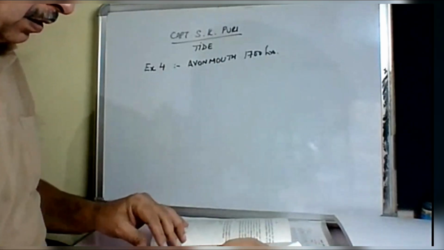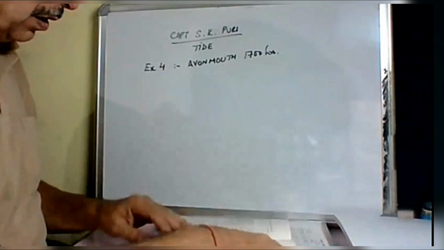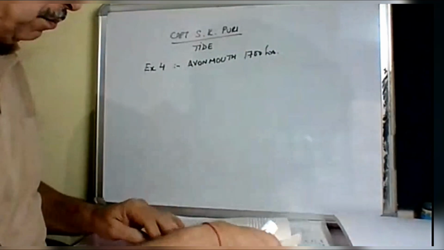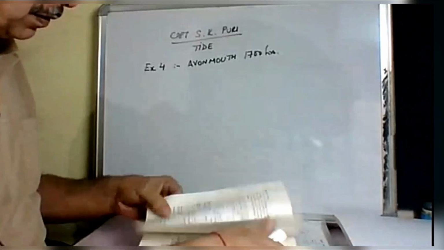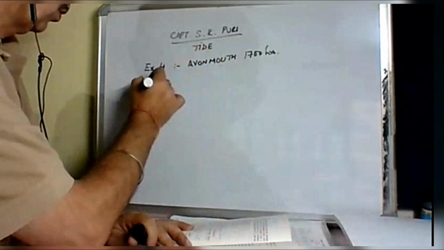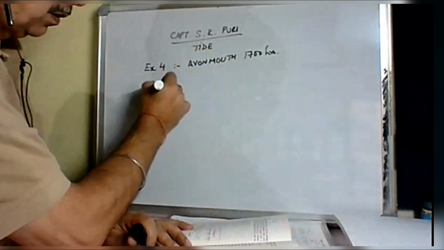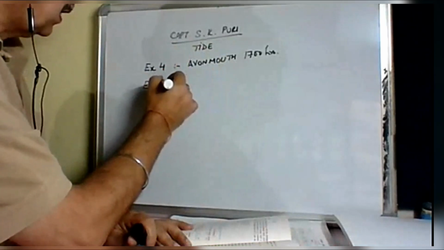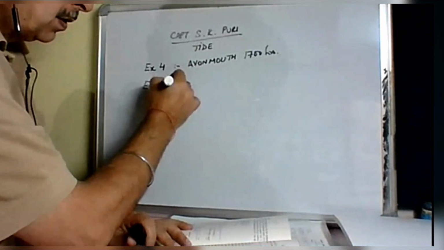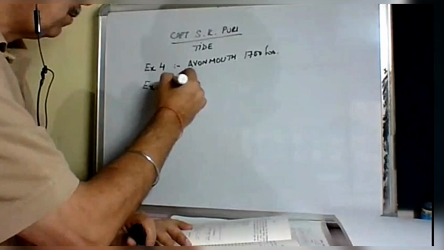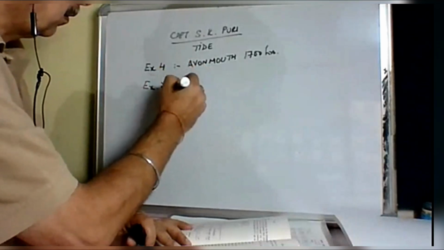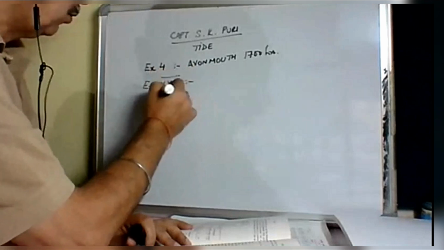Then I want you to do secondary port, exercise 17. This is Roman 17. I want you to do this.